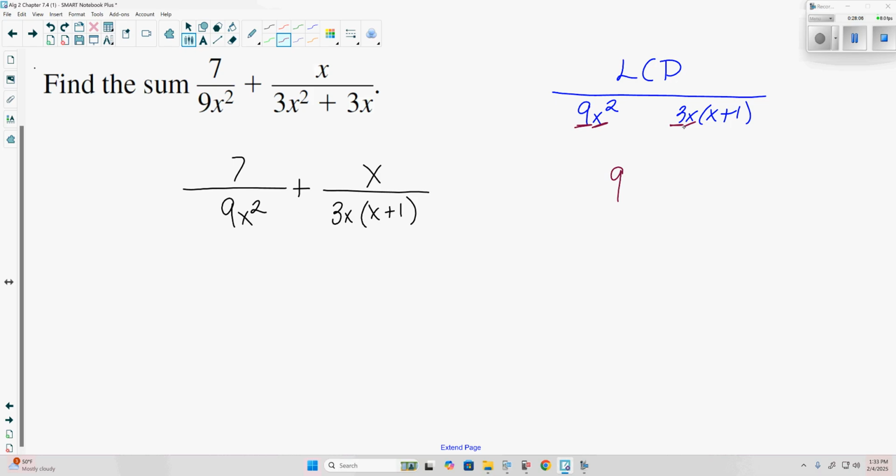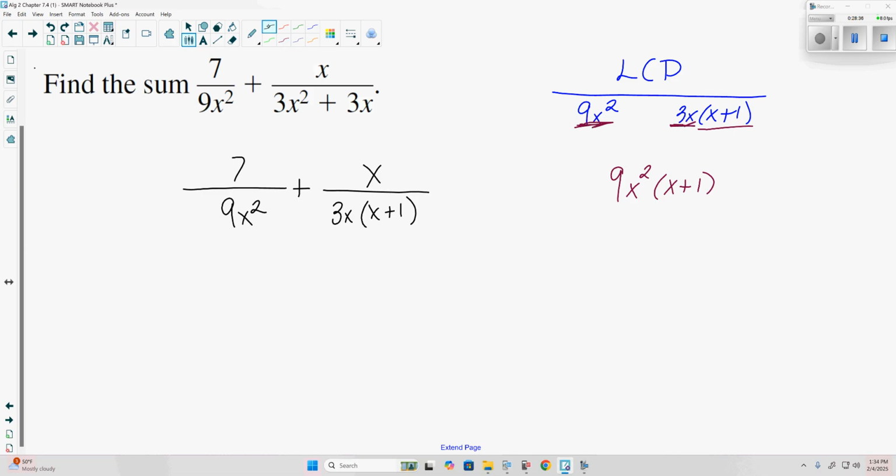X squared and x. So in one of them we have 2, the other we have 1. So we will need an x squared. So that does take care of our terms outside the parentheses. The only factor we have left is what? X plus 1. So the least common denominator is going to be x squared times x plus 1, our least common multiple for the bottoms of these fractions.